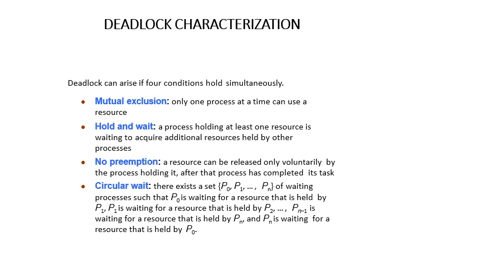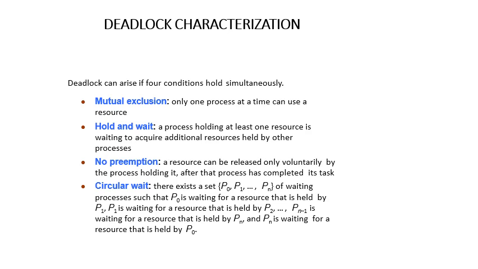If there is a shortage of resources, so that only one process can use the resource at a time, then if another process comes, it cannot hold the same resource. When this condition arrives, we call it mutual exclusion, and deadlock can arise.